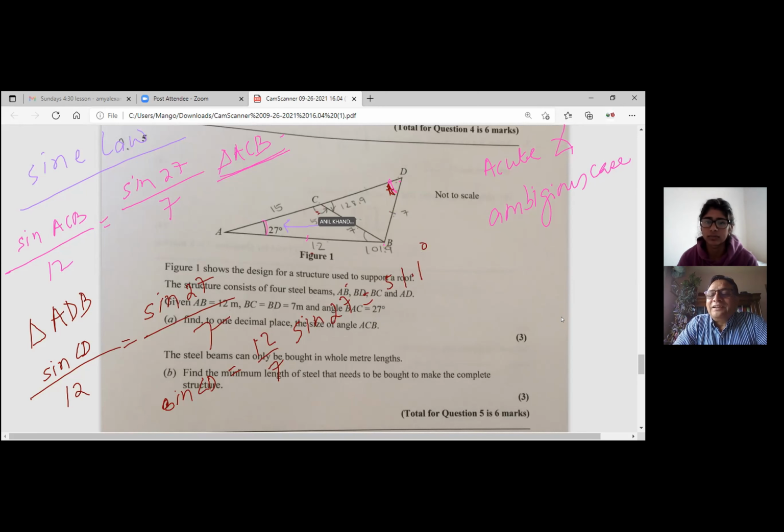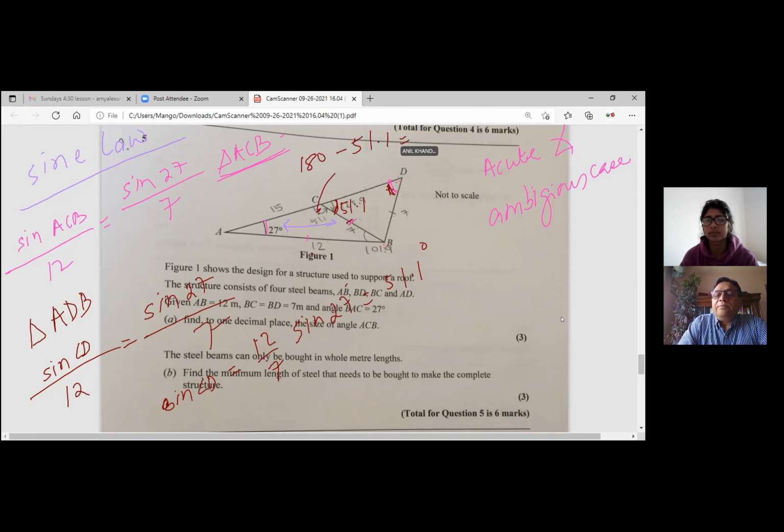Angle D is greater than angle C. And since this is an isosceles triangle, this angle is 51.1 degrees, same as angle D, correct? So what should be this angle C? It should be 180 minus 51.1 degrees, correct?